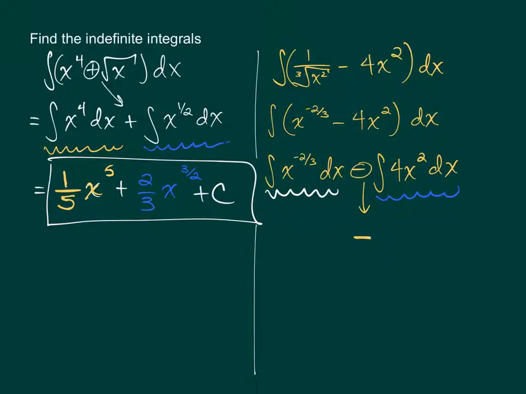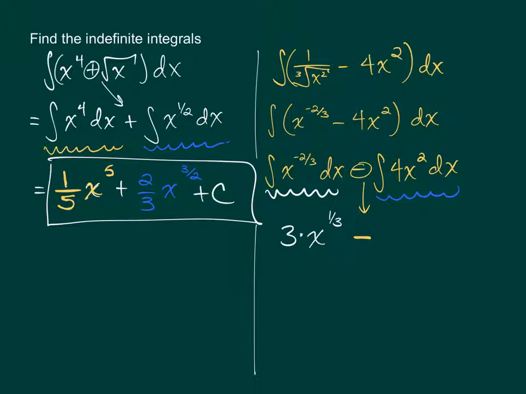So there it is. Now with the indefinite integral here in the first term, the first thing we need to do again by power rule is add 1 to the exponent. So this will be x to the 1/3 power, and then in front of that we need to multiply by the reciprocal of the new exponent. So the reciprocal of 1/3 is 3.